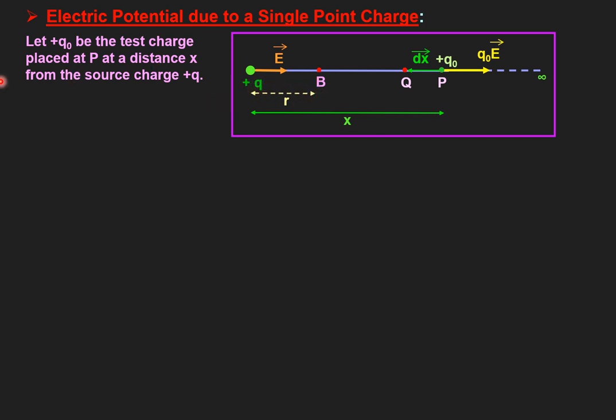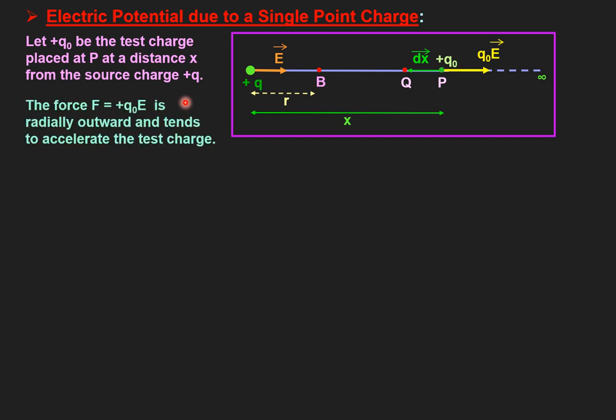So let Q naught be the test charge placed at point P at a distance x from the source charge. In this case, the force Q naught times E is radially outward and tends to accelerate the test charge. This repulsive force wants to accelerate the charge, but we do not want this. So we have to apply a force against it.